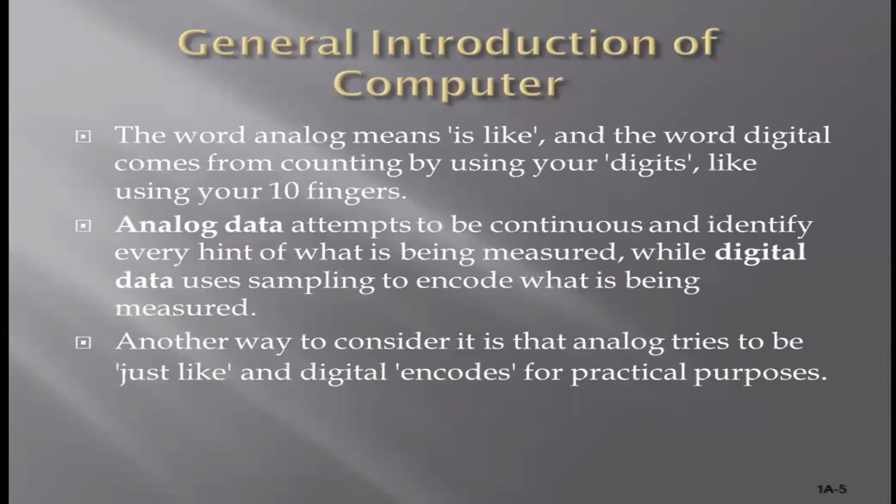Now we move to the next topic. We come to the words analog and digital. First we see what analog is. The word analog means "is like," and the word digital comes from counting using your digits, like your 10 fingers.